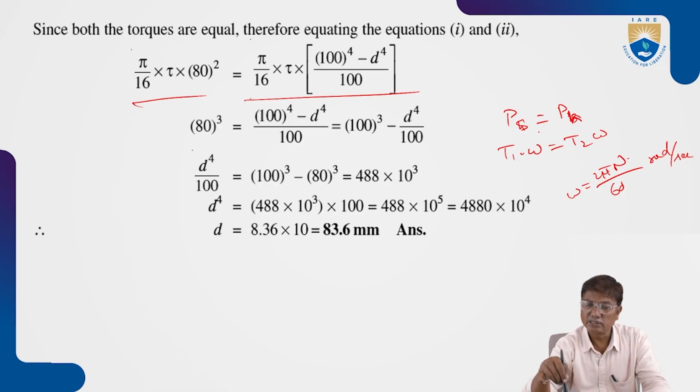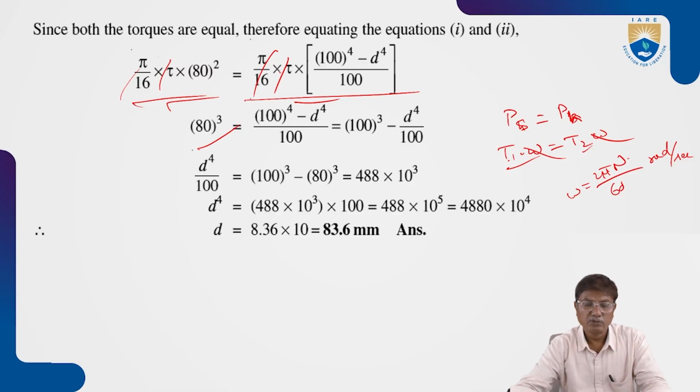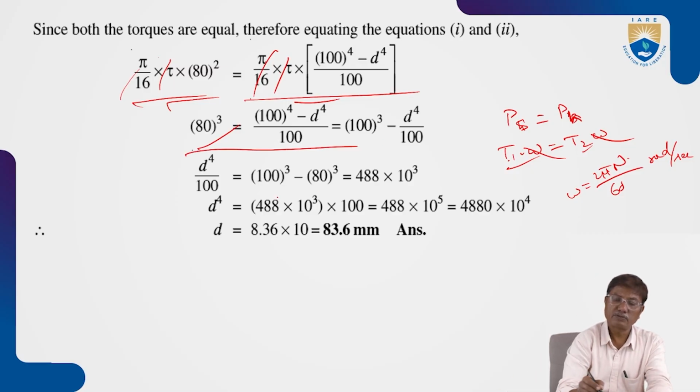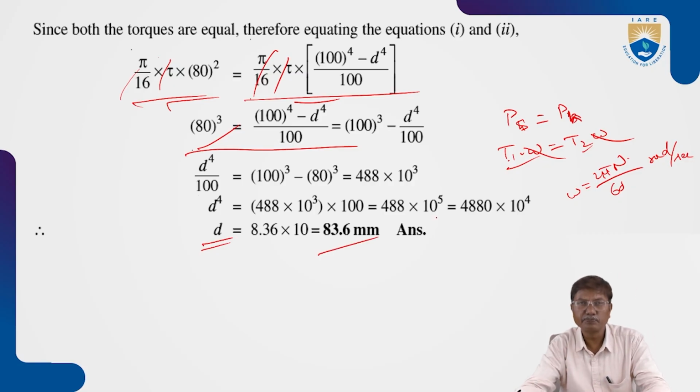By using this here, omega is same, so T1 is equal to T2. That's what we have used here. So pi by 16 tau cancels on either side. So you will have this relation from which we will get small d as 83.6 mm.